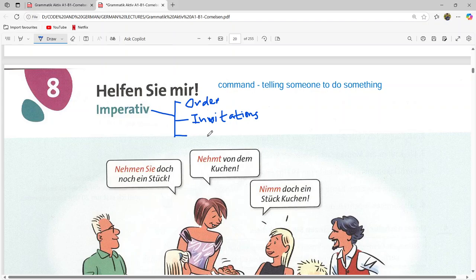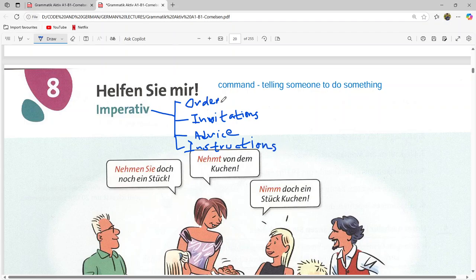Or it can be in the form of advice, don't go there. Or it can be in the form of instructions, turn left, go straight. These are the imperative sentences.